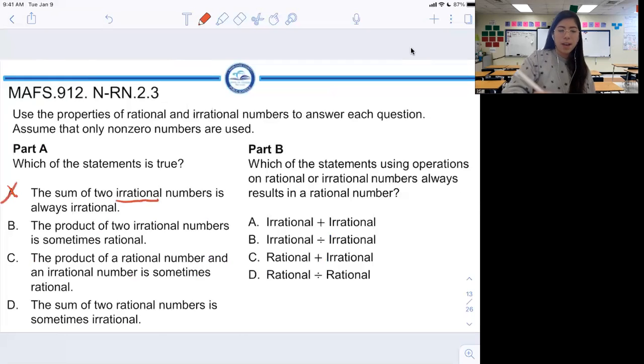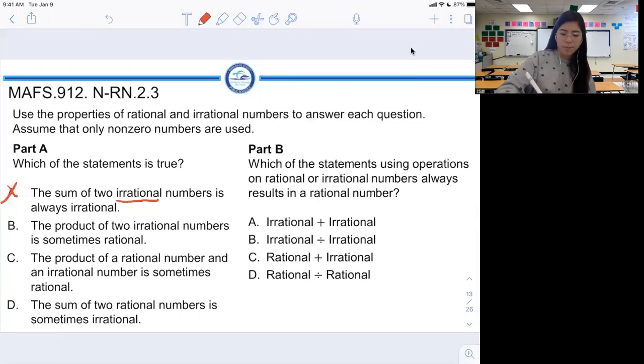It's sometimes rational, sometimes irrational, because two irrationals could add up to a whole number. B: the product of two irrational numbers is sometimes rational. True.